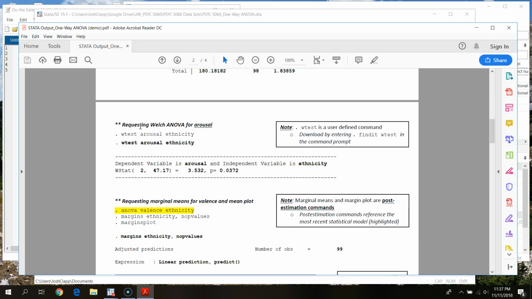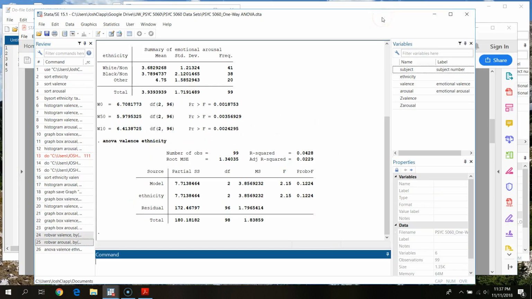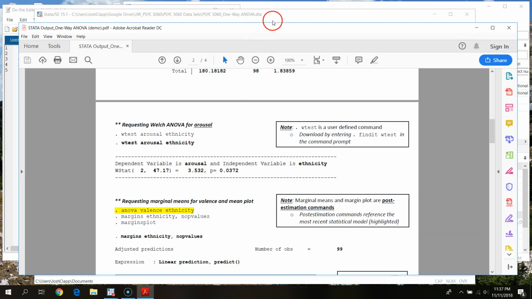Our Welch test is going to give us an adjusted test statistic with adjusted degrees of freedom, and this is going to help us account for violations of homogeneity of variance. So here it's just going to be wtest, arousal by ethnicity. Now, one thing to note is that this Welch test is a user-specified program.